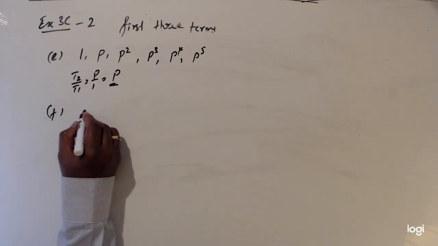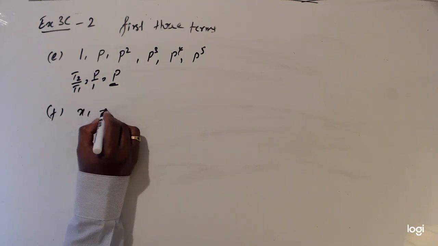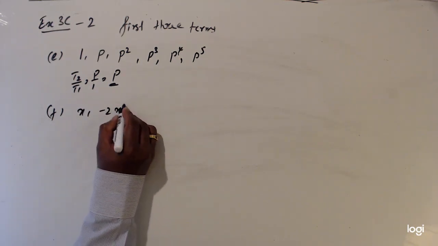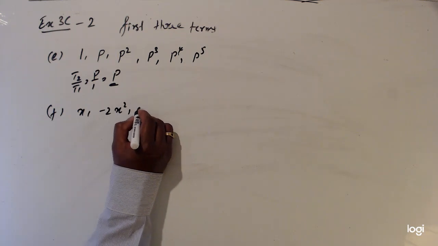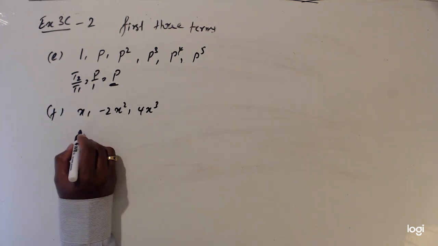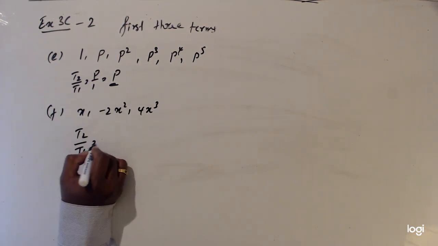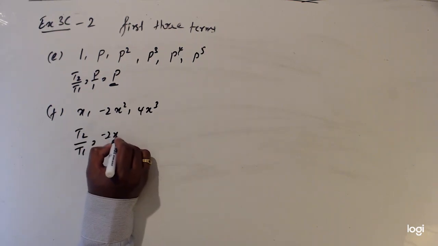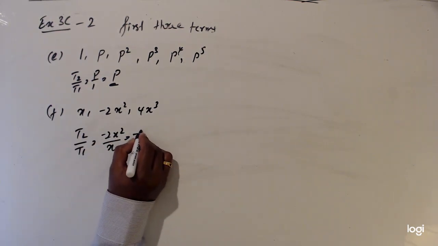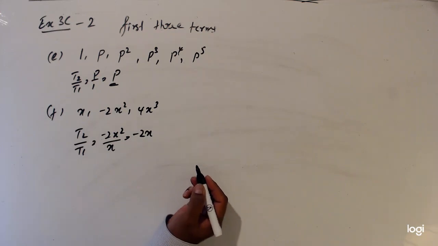And F: x, minus 2x squared and 4x cubed. So T2 divided by T1 equals minus 2x squared over x, that is minus 2x.